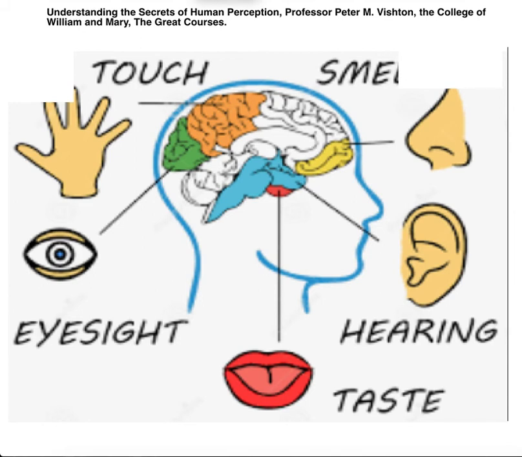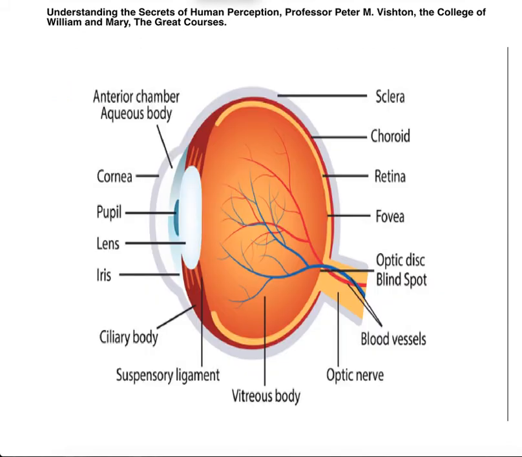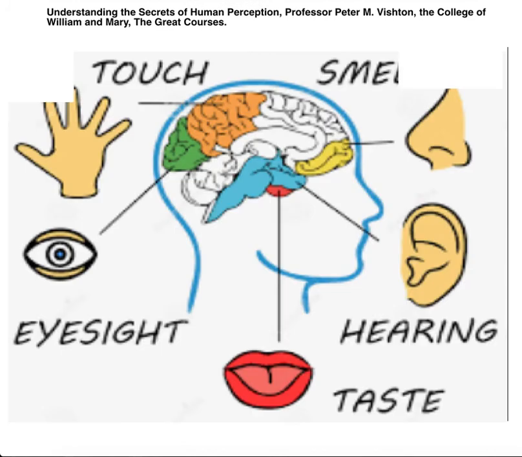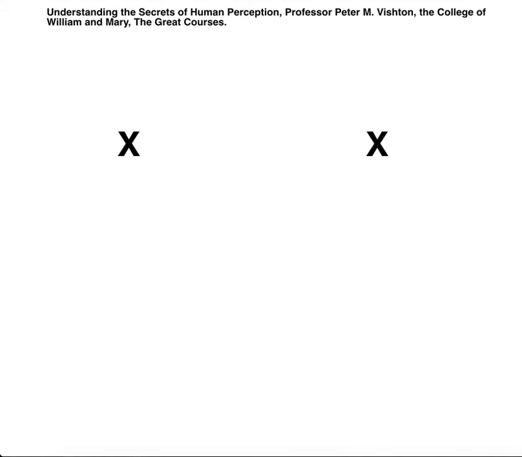Let's take a look at an example. In front of you are two X's. I'd like you to listen to these directions first and then follow along with them, but let me say them first. What I'd like you to do is this.